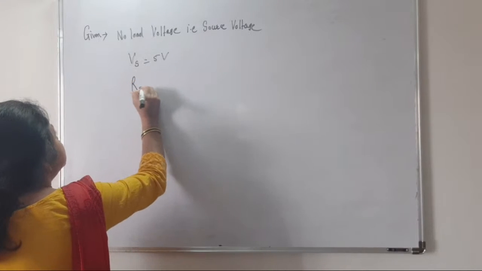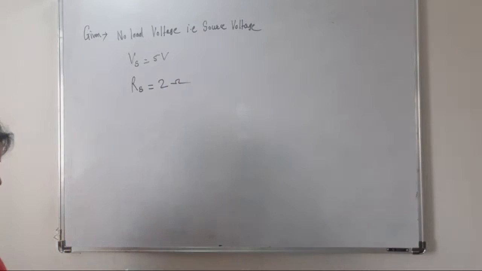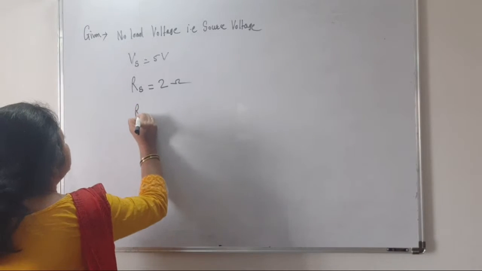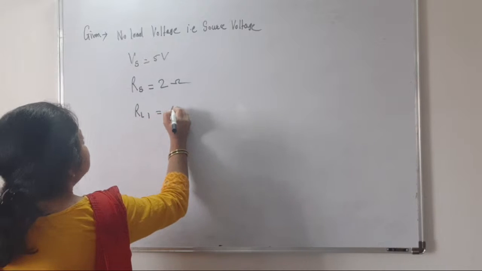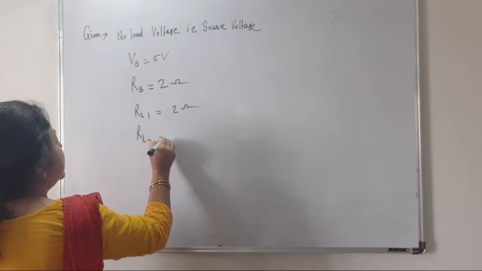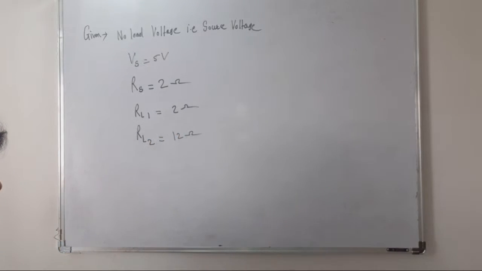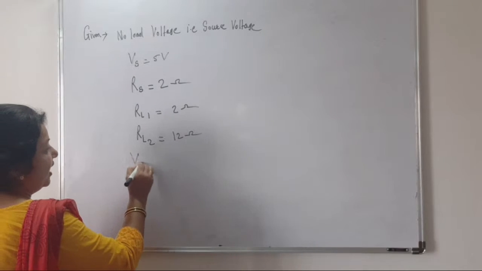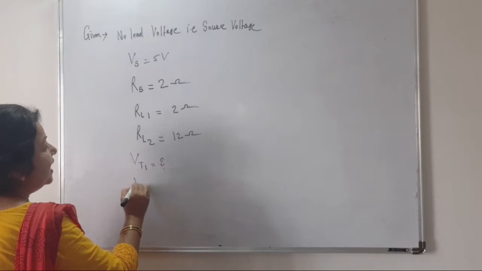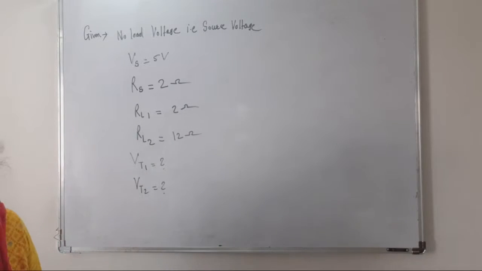Internal resistance is nothing but source resistance. It is supposed 2 ohm. It is connected to the load resistance RL that can vary from 2 ohm to 12 ohm. So load resistance minimum is 2 ohm and load resistance maximum is 12 ohm. And find the variation in terminal voltage of the source. Find VT1 and VT2, terminal voltage, output voltage they are asked to calculate.